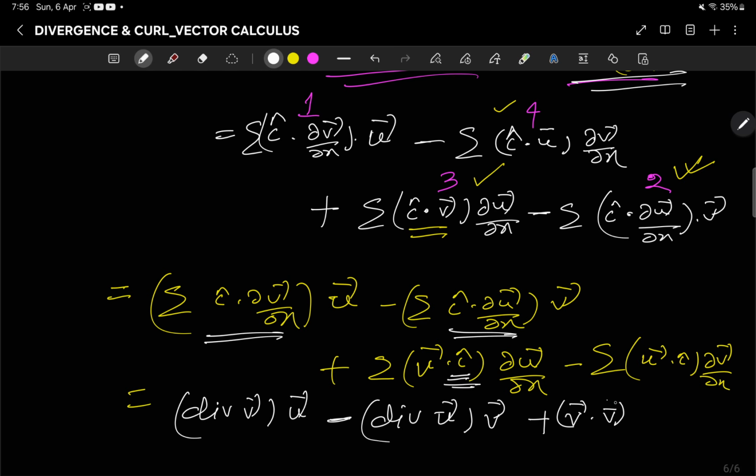V dot del, and this is u, and this is my u dot del and the remaining v. Okay, because u together with i del by del x will give me u dot del. So now it is proved.